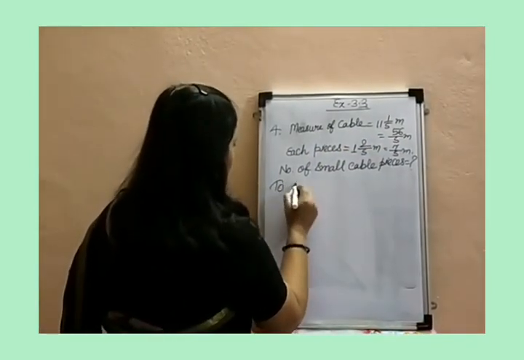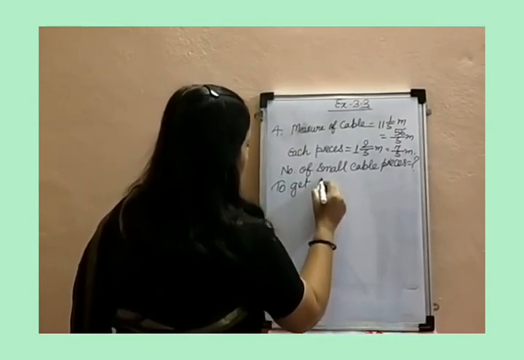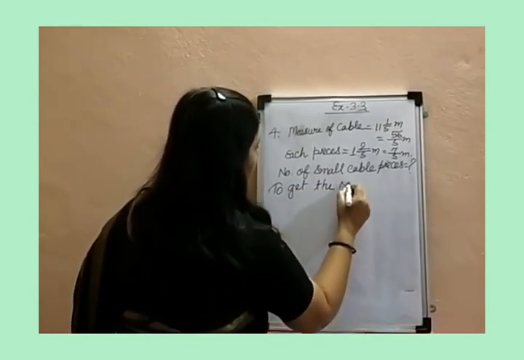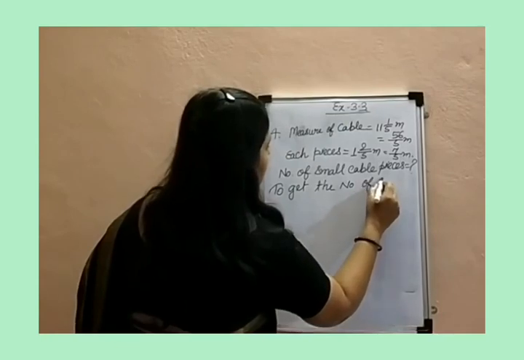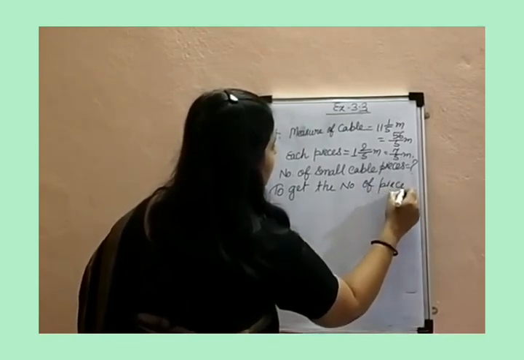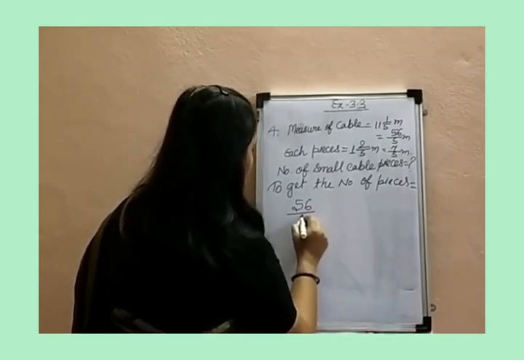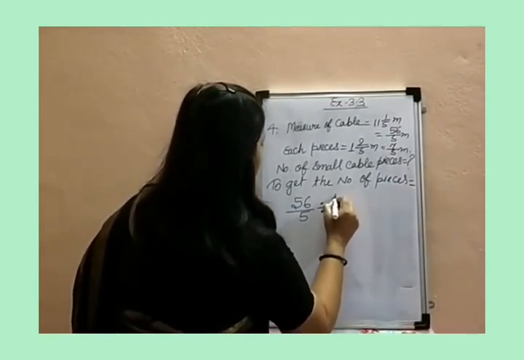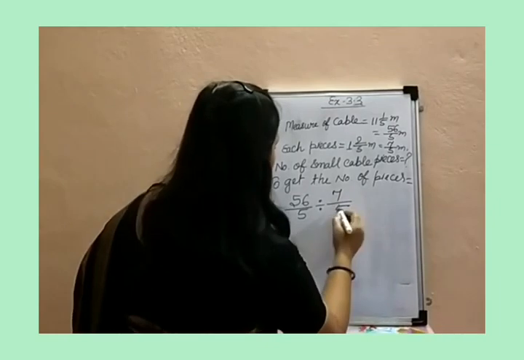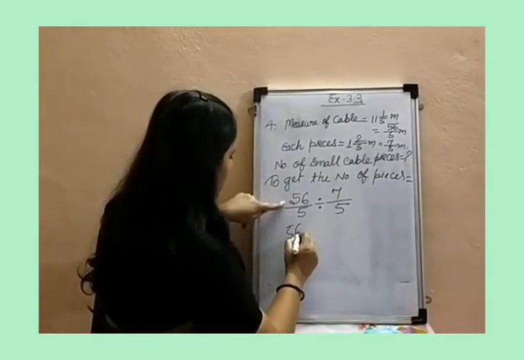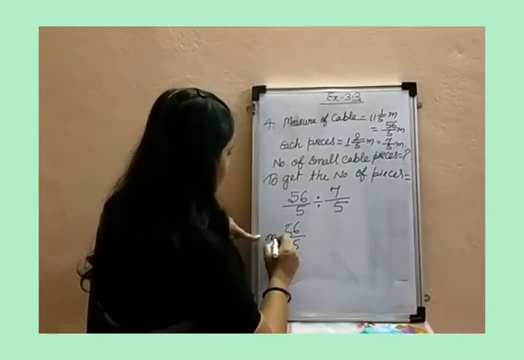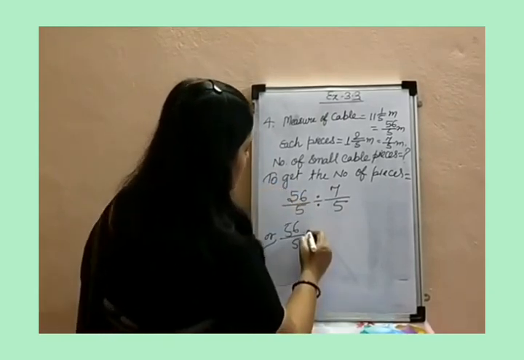So to get the number of pieces equals 56 upon 5 divided by 7 upon 5. I'm going to convert this into multiplication.